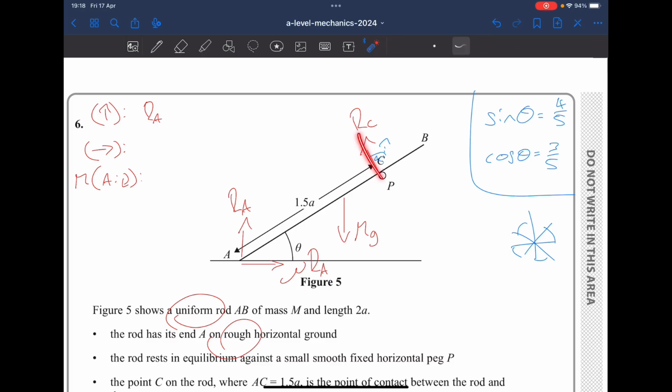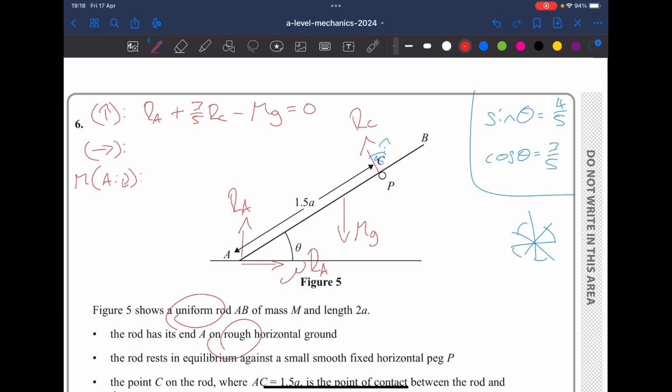We have this force, we want this direction, and the angle is nice in between, nice and cozy in there. So we want RC times cos alpha, so 3/5 of RC. What's pulling us down is the weight of the rod itself, so the big M times by the G, and this is in equilibrium, so that should equal 0.